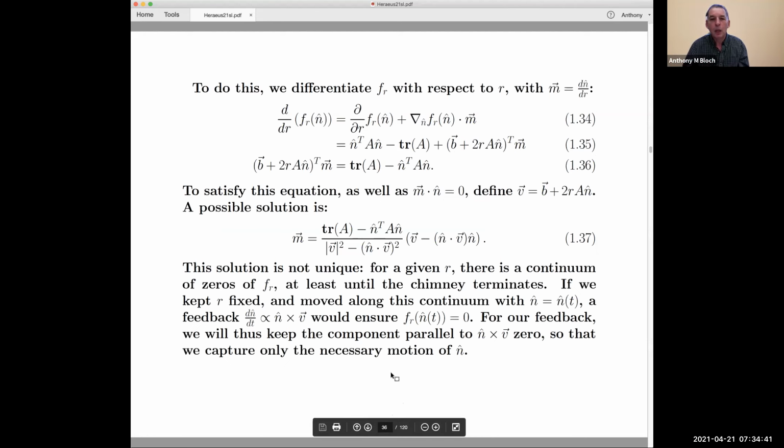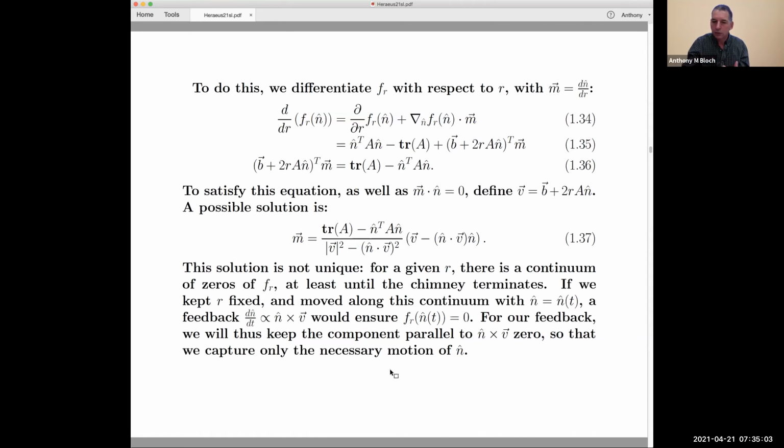There's a nice computation for finding where you're still going to be increasing the purity. Again, you compute F_R with respect to R, and you find where that becomes equal to 0. You can do this computation quite explicitly, and you can show that for a given R, there is a continuum of zeros of F_R, at least until the chimney terminates.